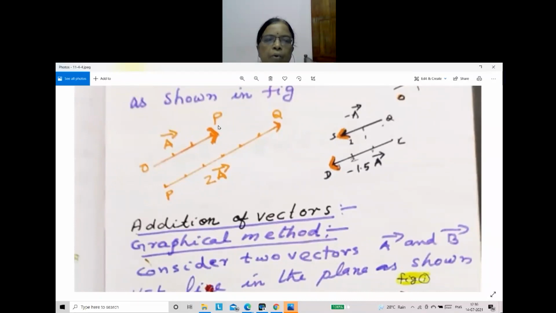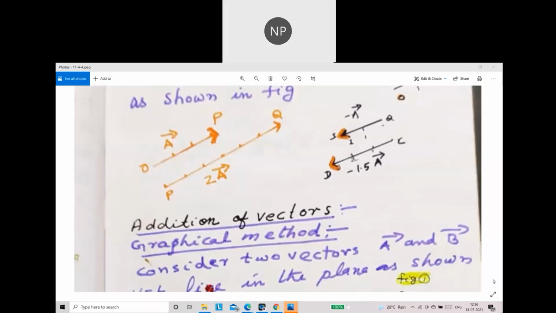Vector OP, I used these letters to represent vector A, 3 centimeter length. Then twice vector A. How will you find twice this vector? This is 3 centimeter. So twice this vector will have what length? 6 centimeters, correct.